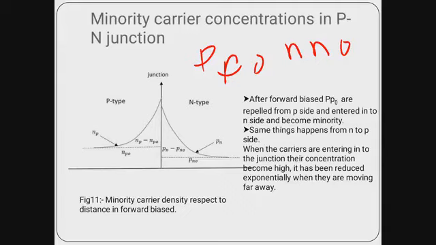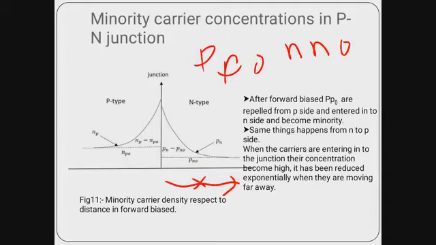The concentration of holes is very large across the junction, but when they move far away, suppose this is a distance denoted by x, moving far away from the junction, their concentration gets reduced, which we have seen in this diagram, and this is exponentially reduced.